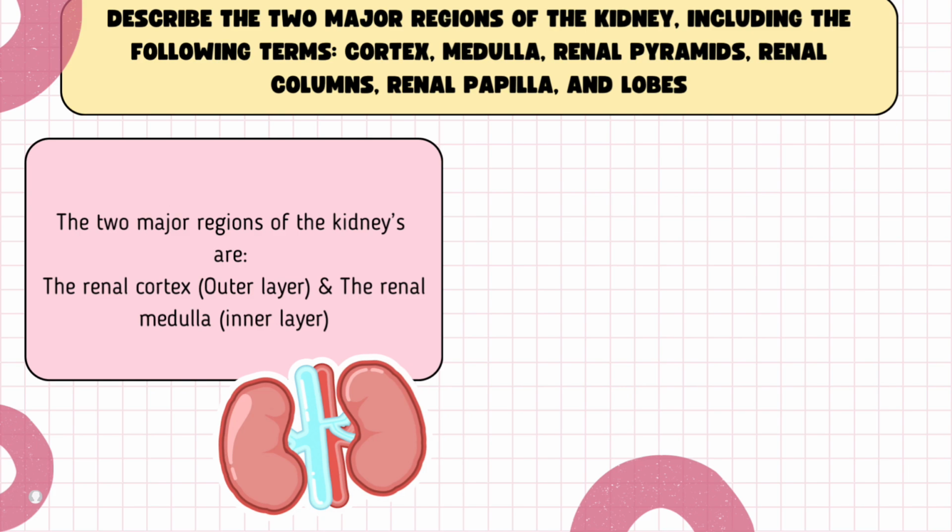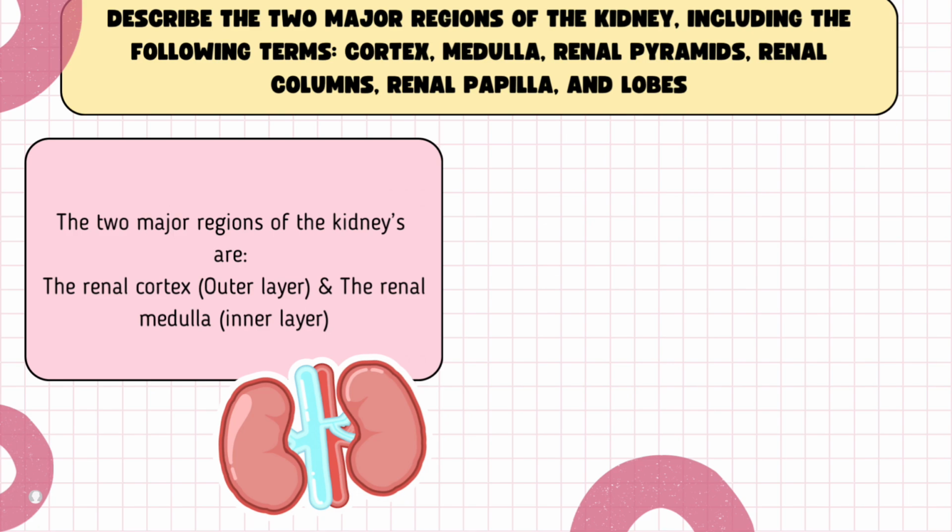The renal cortex is where most of the blood filtration happens, and it contains the glomeruli and convoluted tubules of the nephrons. The renal medulla is the inner part of the kidney. It's responsible for urine concentration, and it consists of multiple renal pyramids.